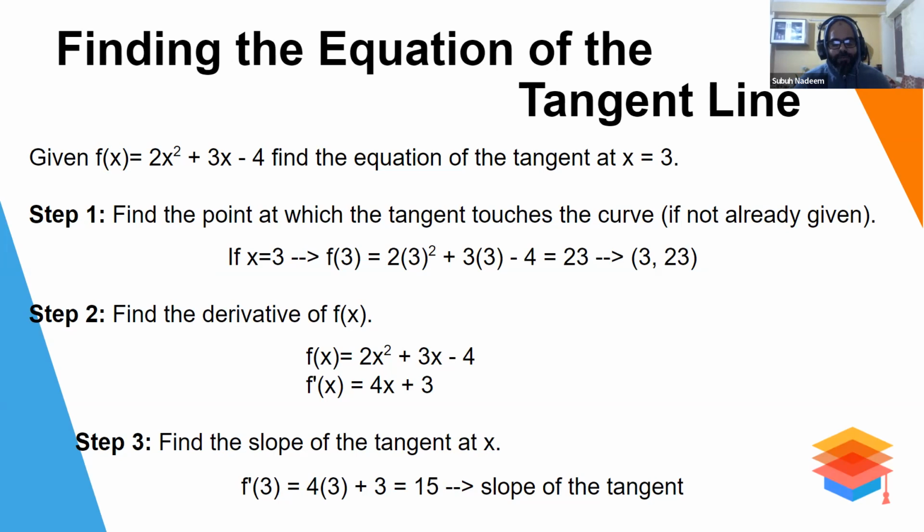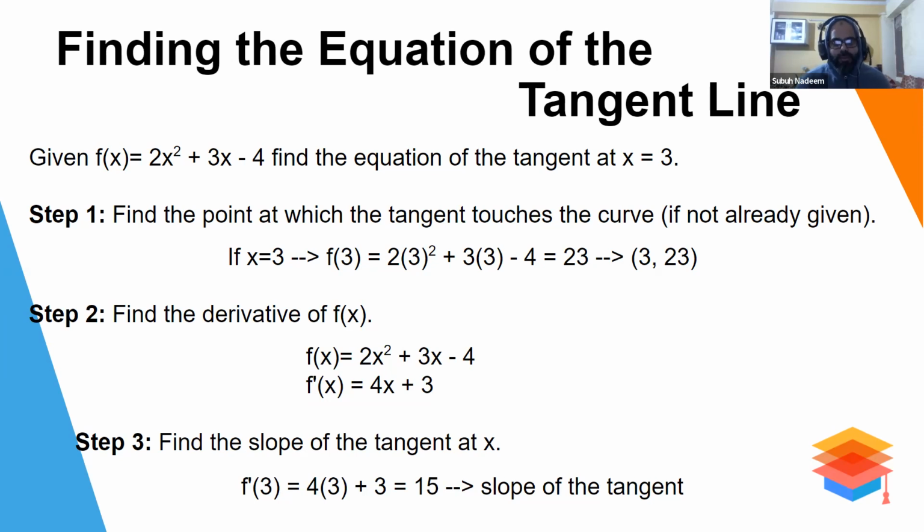Is this clear? Just read the first step and see the calculation there. So we just substitute x, right? And you get y. So x comma y is 3 comma 23. So this point is the point on the curve where the tangent is touching the curve.